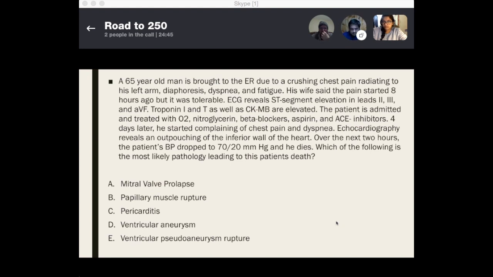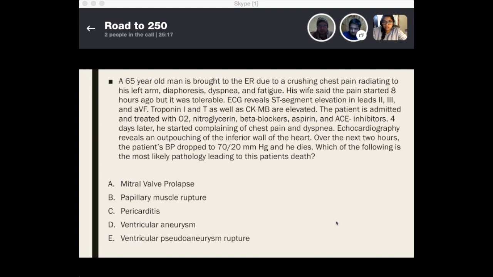This is 4 days post-MI. So this guy's probably got an outpouching of the inferior wall of the heart, a rupture of some sort. I would think ventricular wall rupture, but papillary muscle rupture, 4 days later.